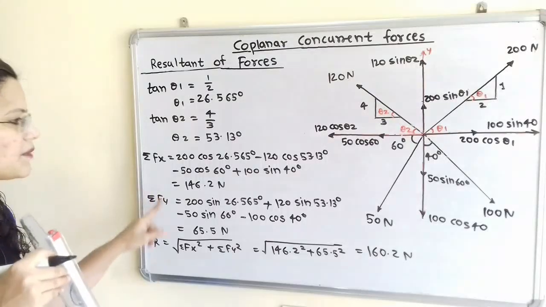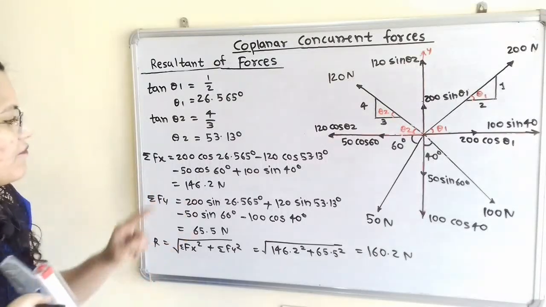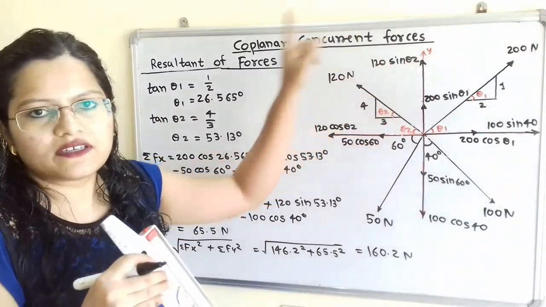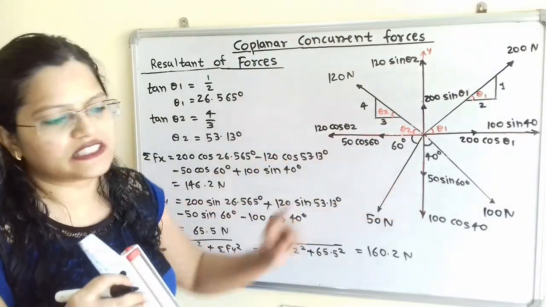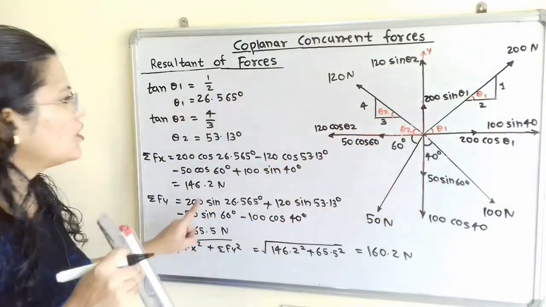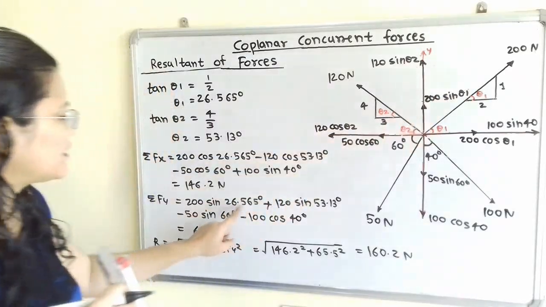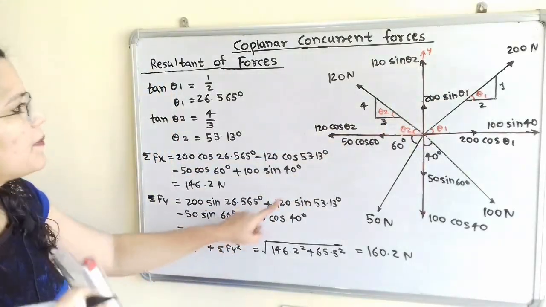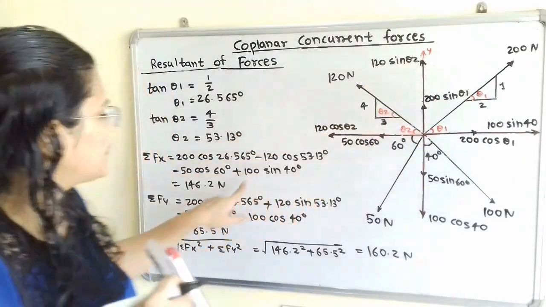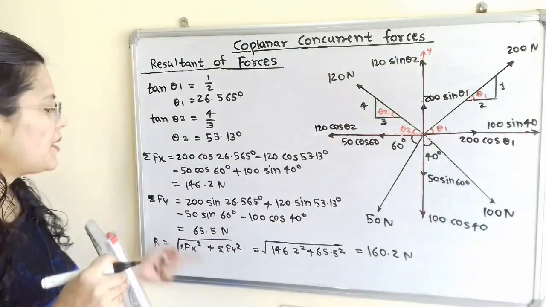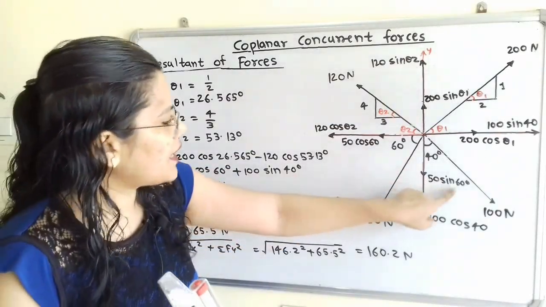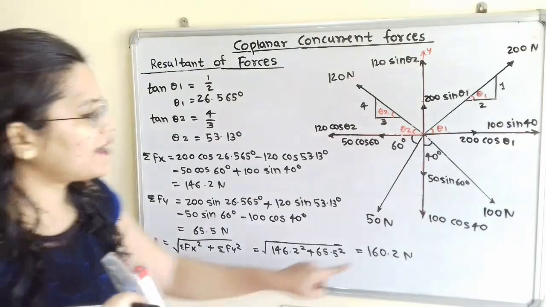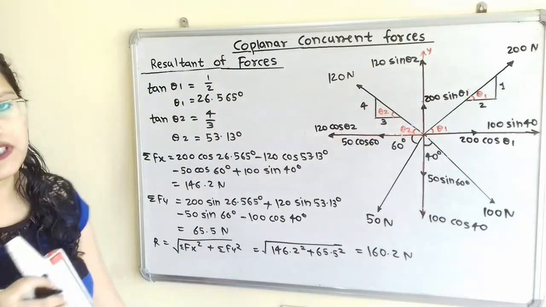In the same way, summation of Fy. For upward direction we will consider a positive sign, and for the opposite, downward direction, a negative sign. So 200 sine of 26.56 degrees plus 120 sine of 53.13 degrees minus 50 sine of 60 degrees minus 100 cos of 40 degrees.